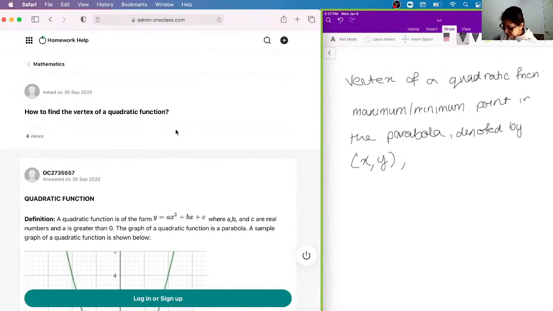This is how you find the vertex. x is equal to minus b over 2a, and this finds the x coordinate.